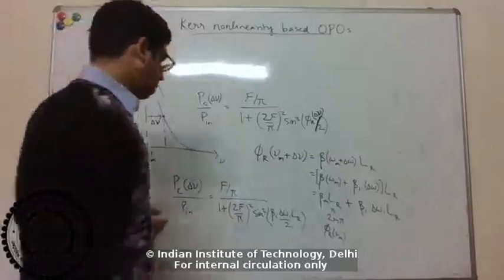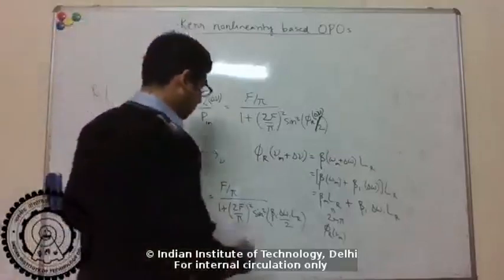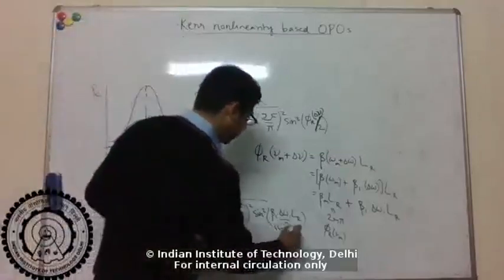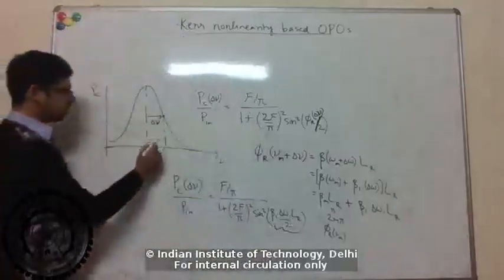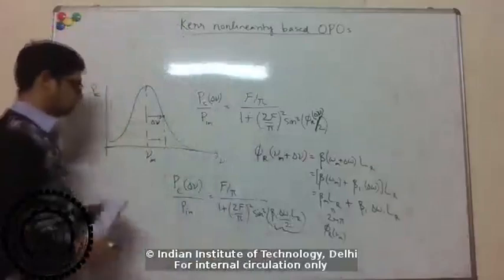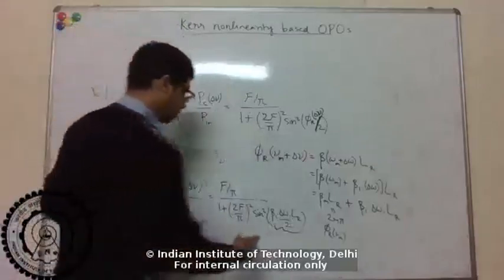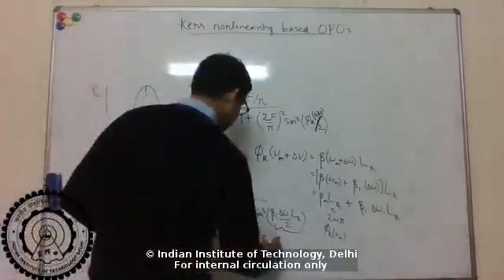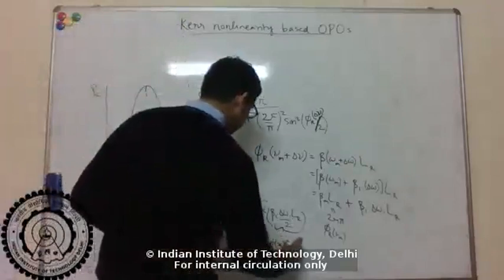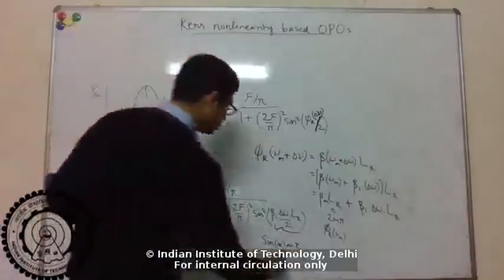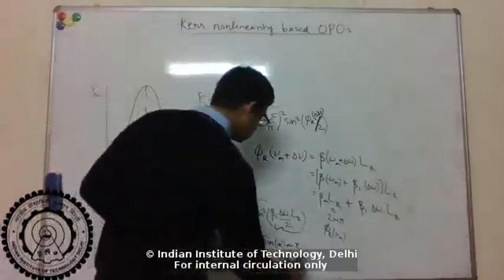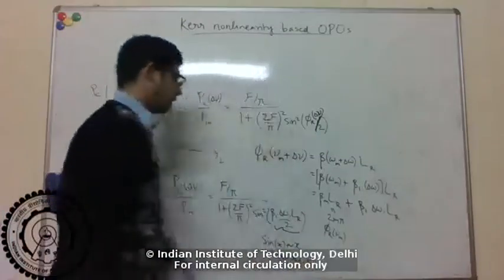So basically, we say that this argument is very small. So we are looking at small detunings from the center frequency. So we make this approximation of sin x approximating as x for small values of x.